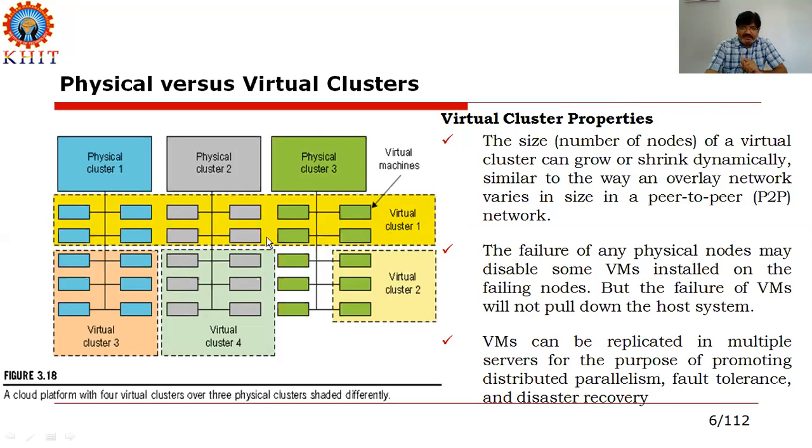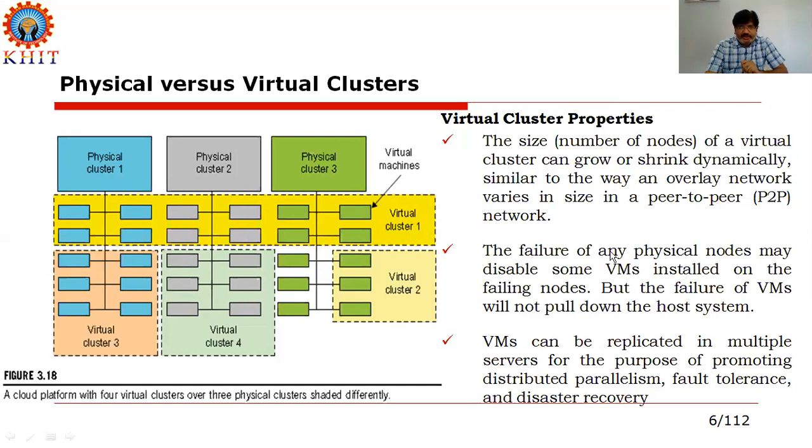The cluster will automatically run properly without any issue. Why? Because if one server fails, automatically the traffic over that one is diverted to another one. So failure never occurs whenever we are working with virtual clusters.